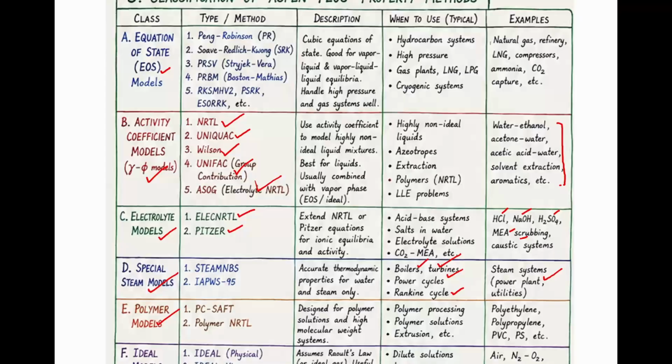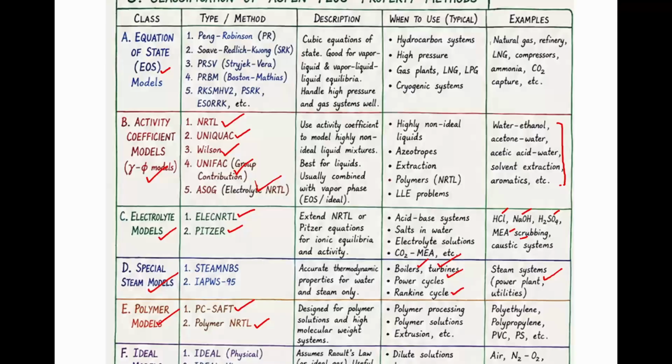For polymers, the types are PC-SAFT and polymer NRTL, which are designed for polymer solutions and higher molecular weight systems. Polymer processing, polymer solutions, extrusion are the examples of when we should use these, and they include polyethylene, polypropylene, PVC, PS.